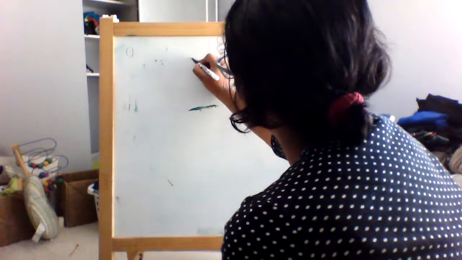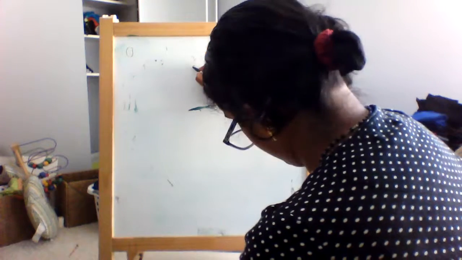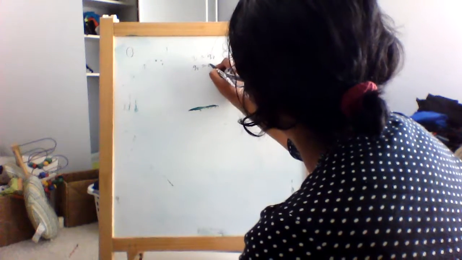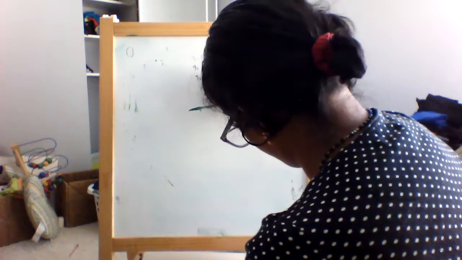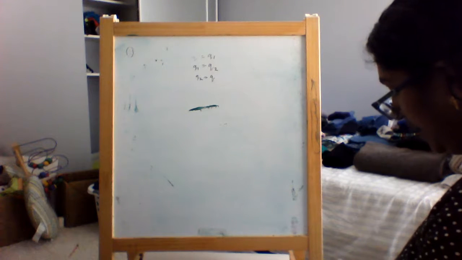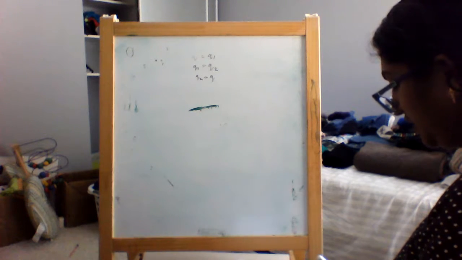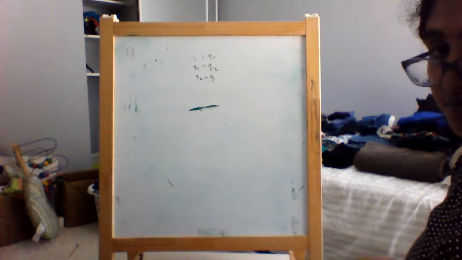We swap like Q is equal to Q1, Q1 is equal to Q2, and then Q2 is equal to Q. This is how we swap the two queues. After the swapping is done, we go to the pop operation.